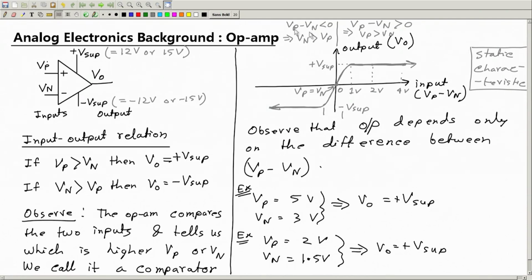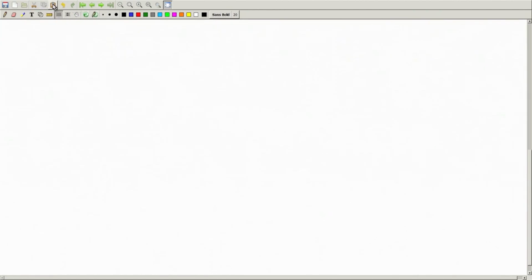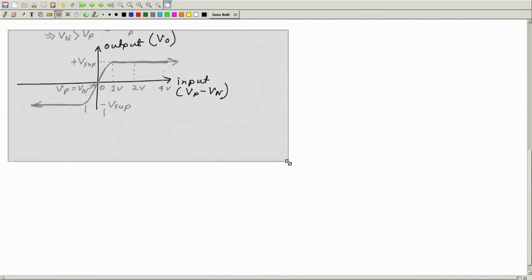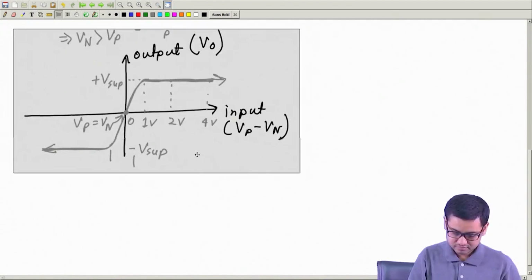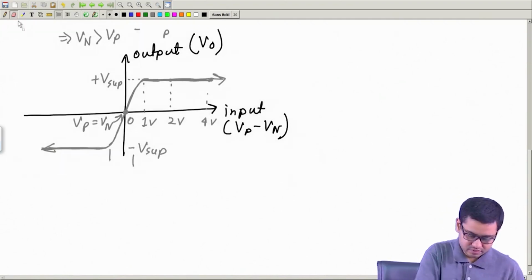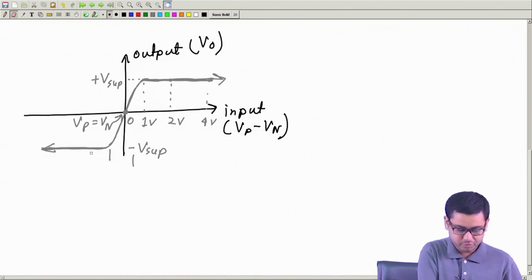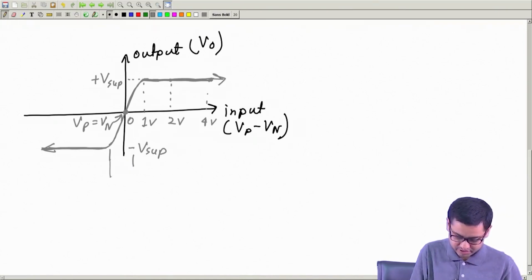Let me just copy this diagram. Okay, so let me just zoom into this part only.